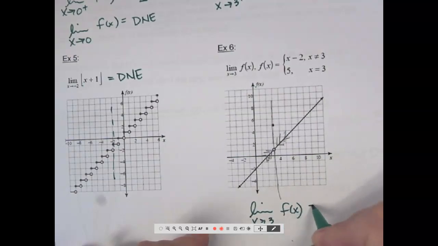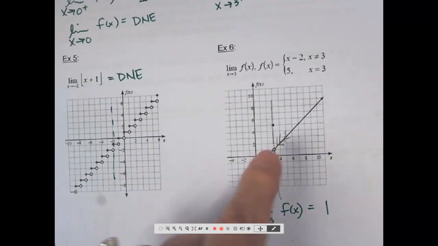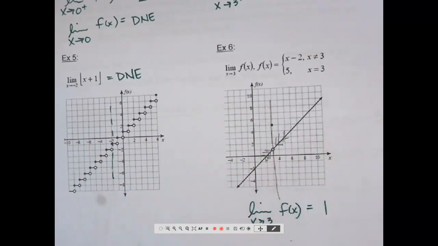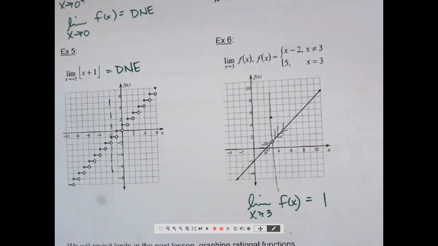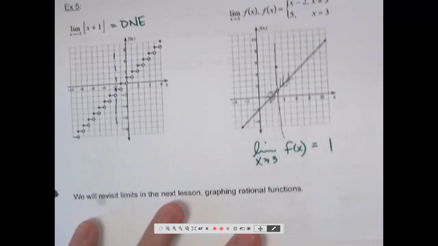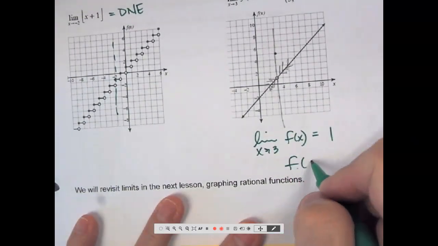Now, what trips you up here is that you say, yeah, but there's an open circle when I get there. That's okay. The limit is only dealing with what you approach. Even if it's not there when you get there, it's about what you're approaching. Now, what if I said, what is f of 3?